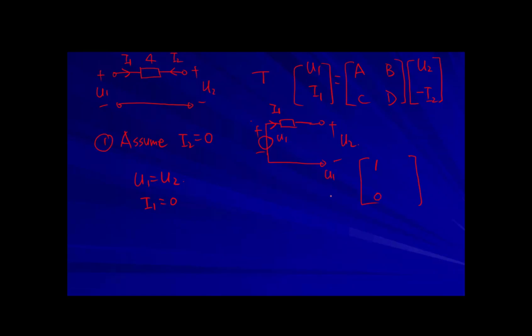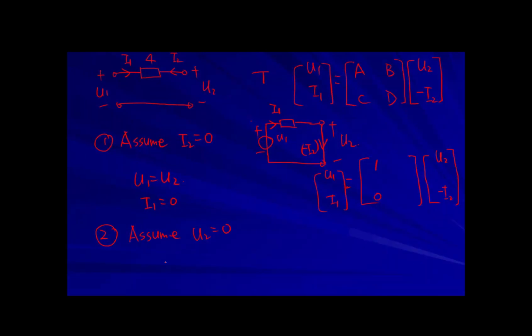This is U1, this is I1, equal to [A, B; C, D] times [U2, minus I2]. So we found A and C first, and then we assume U2 is 0. U2 is 0 means we should short the port, and this current will be minus I2.